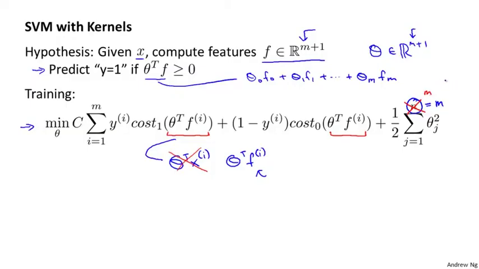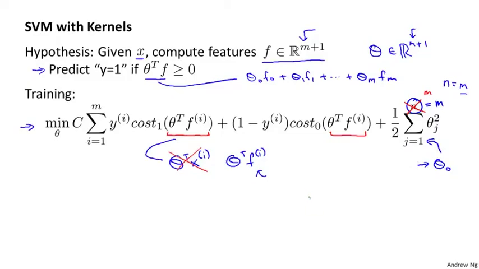If f is the new features, then we have m plus 1 features, with the plus 1 coming from the intercept term. And here we still sum from j equals 1 through m, because, similar to our earlier videos on regularization, we still do not regularize the parameter theta 0, which is why this is a sum from j equals 1 through m instead of j equals 0 through m. So that's the support vector machine learning algorithm.